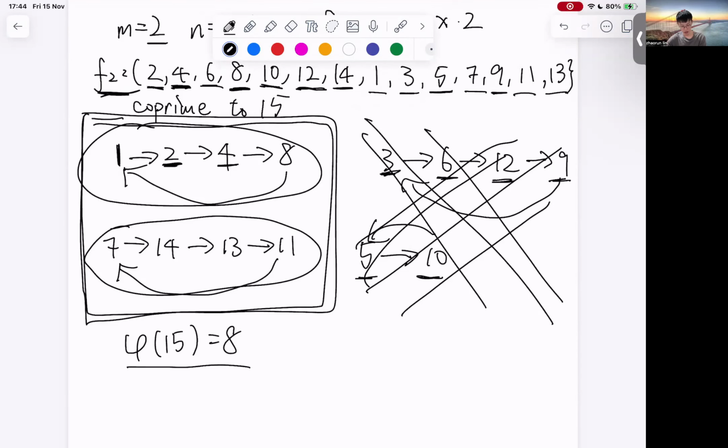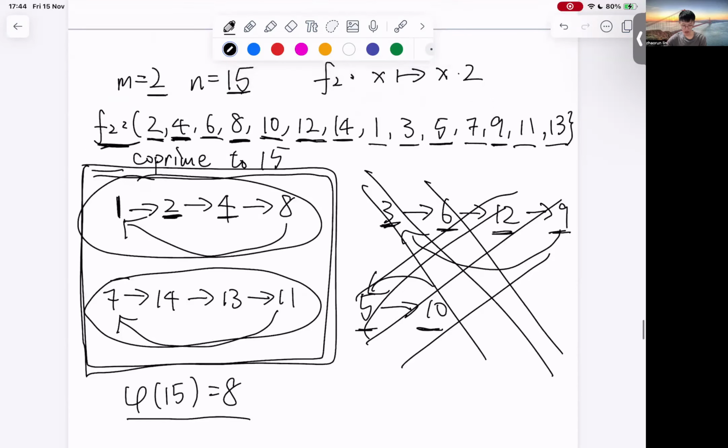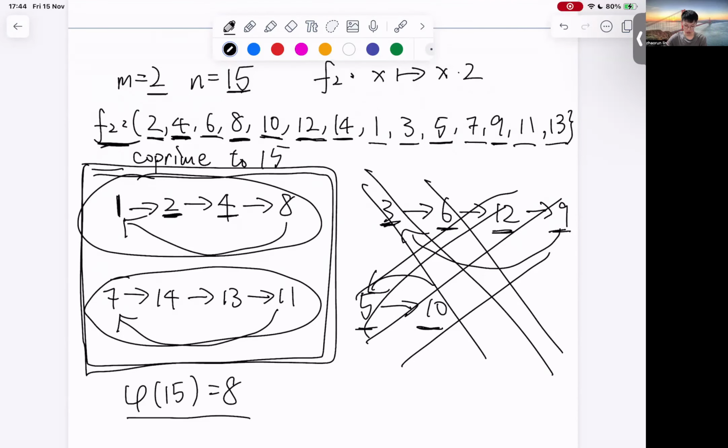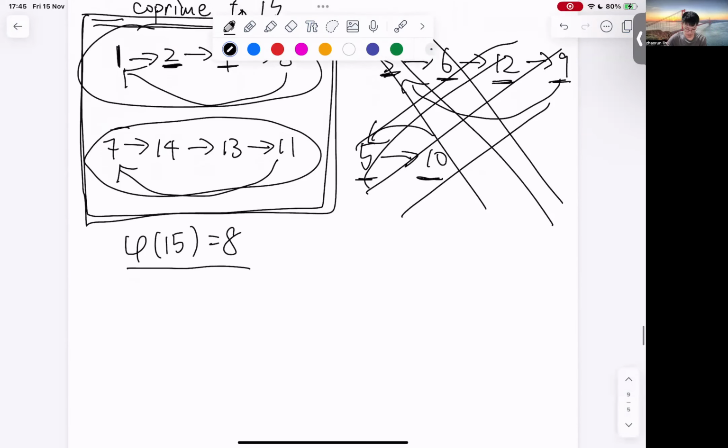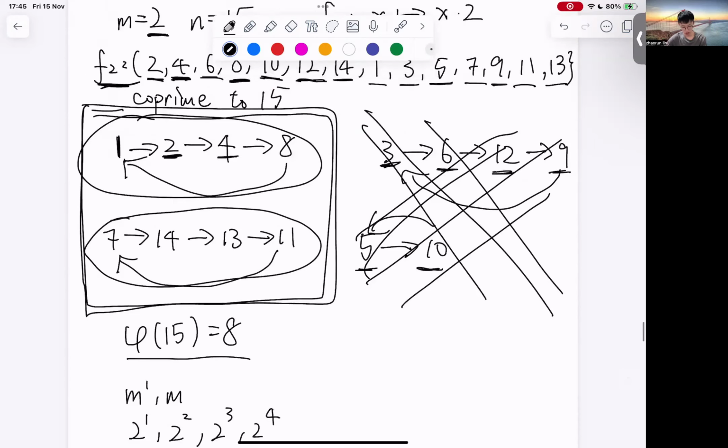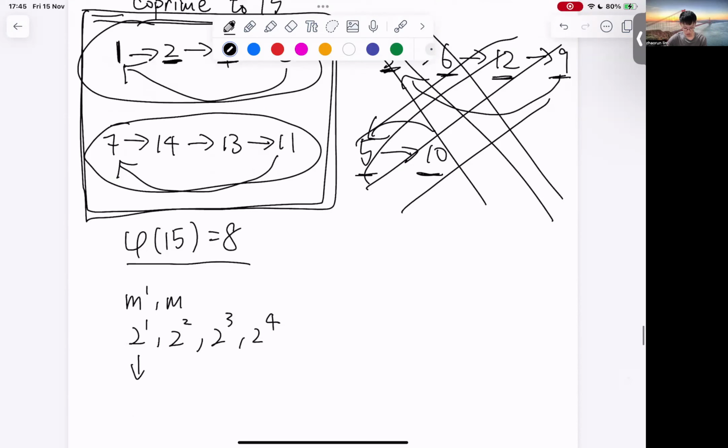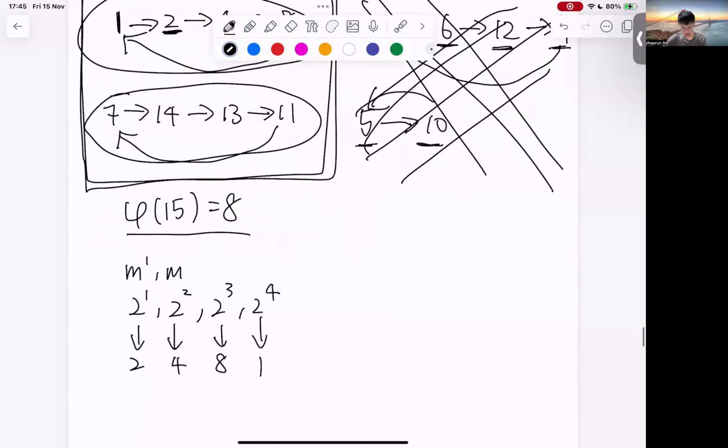function equal to 8. And for the order, we just need to take the cycle that contains n and 1. So it's to the power of 1, 2, 3, and 4, right? So this is 2, 4, 8, and since it's modulo 15, this is 1.